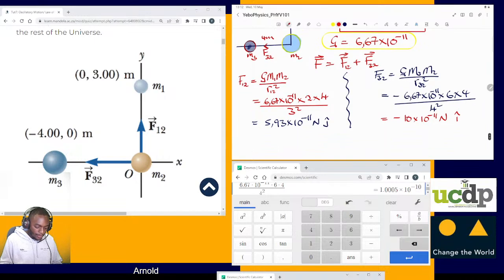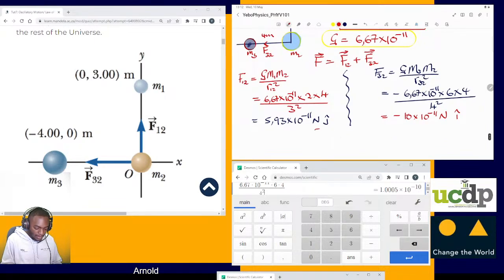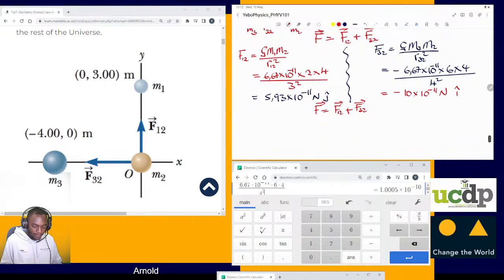All right, so our resultant F is equal to F1 on 2 plus F3 on 2. Now we can add the two.